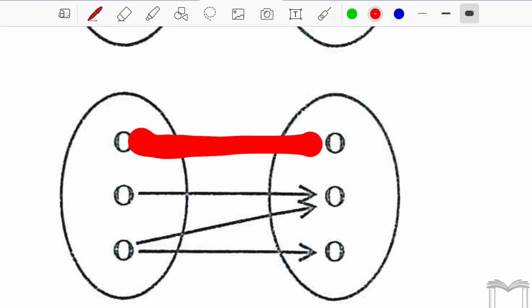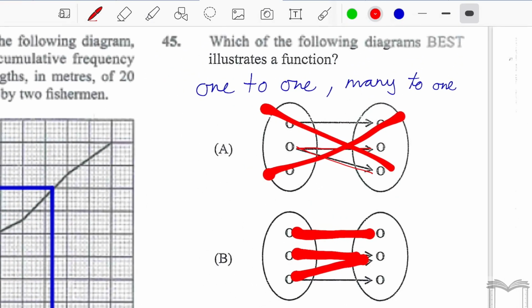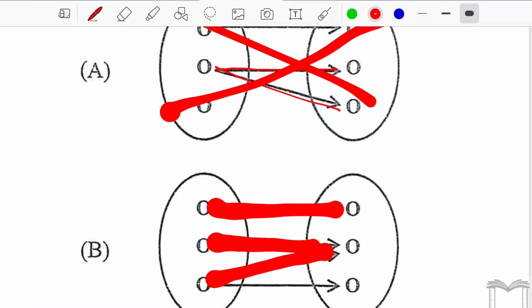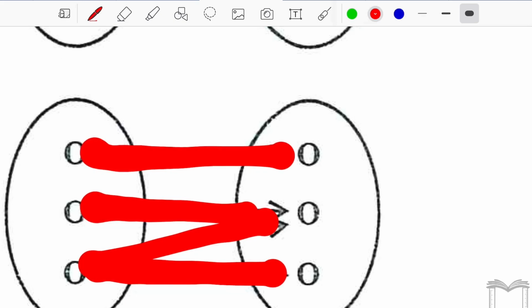We are seeing here that we have this one being one-to-one, but we also have this one being many-to-one, right? And we have here one to many.